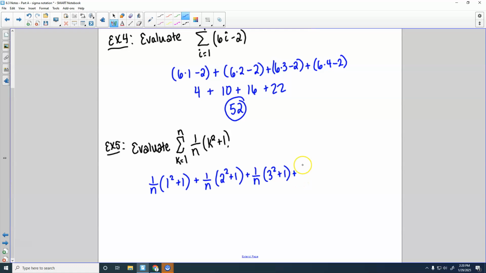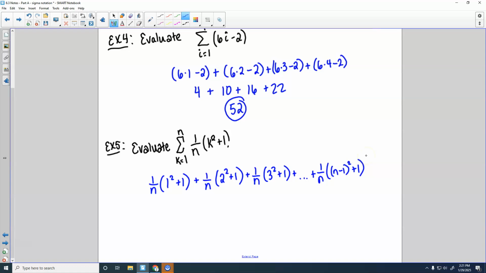Now, this keeps on. I don't know what n is. I don't know where I stopped. So what they'll do a lot of times is they'll do 1 over n times n minus 1 squared plus 1, because n minus 1 would be the integer that comes before n.